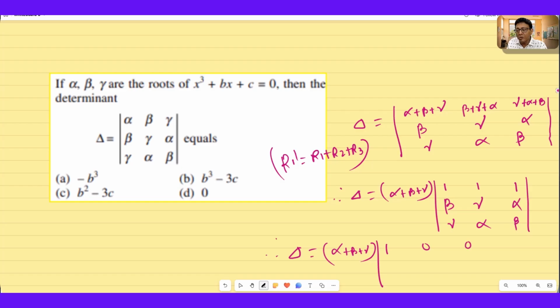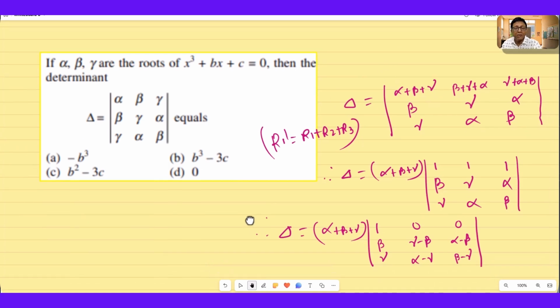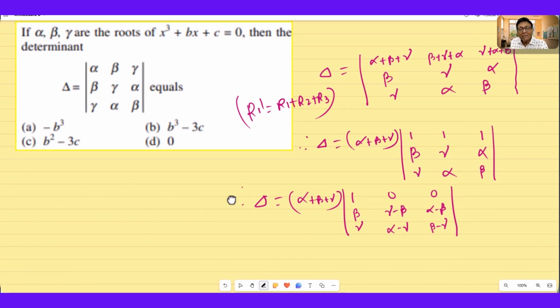1, 0, 0, beta, gamma, and beta minus gamma. Now expand it because we got 2 zeros.